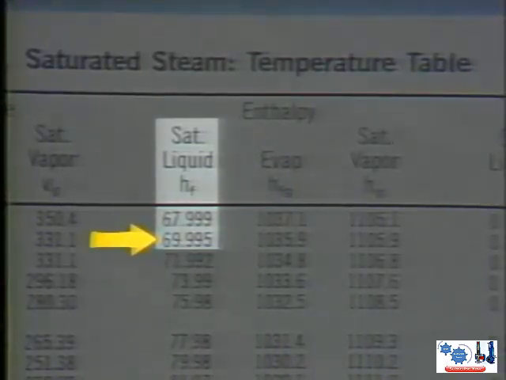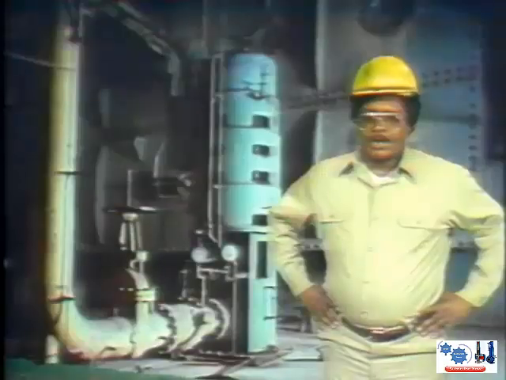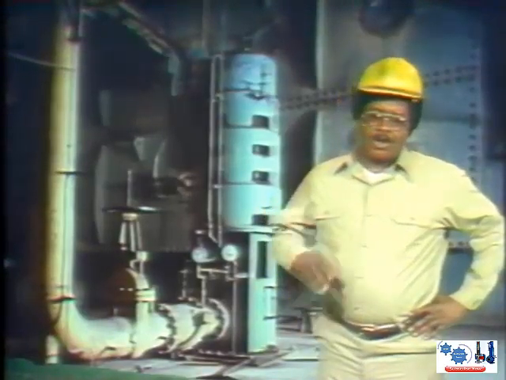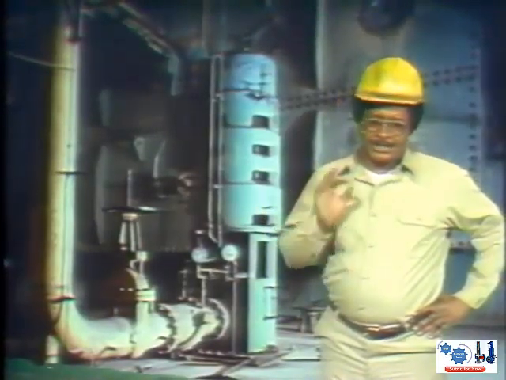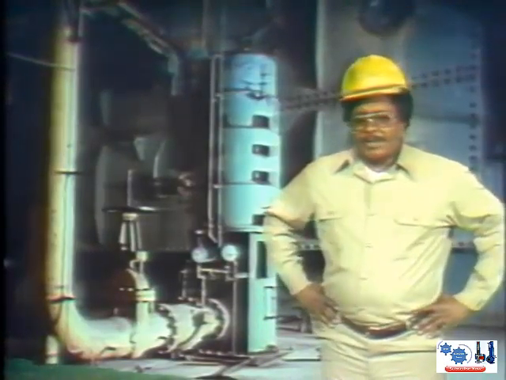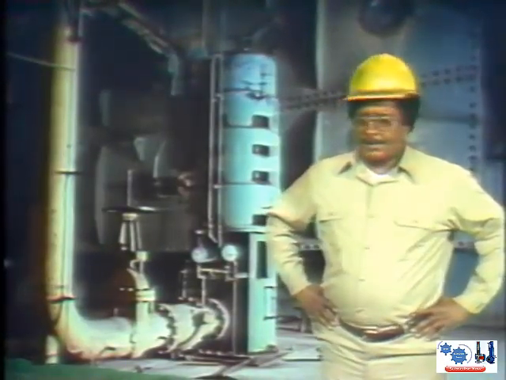That's very close to the enthalpy value of 70 BTUs per pound that we gave in the last unit. Now, while the enthalpy value is not exactly correct, for all but very precise calculations, it's close enough for work in the plant. Now, it's possible to figure the amount of subcooling in the condensate.